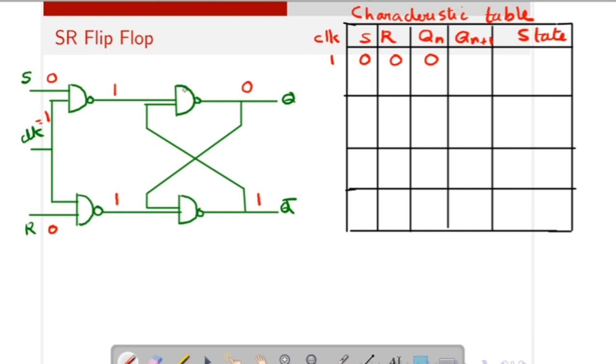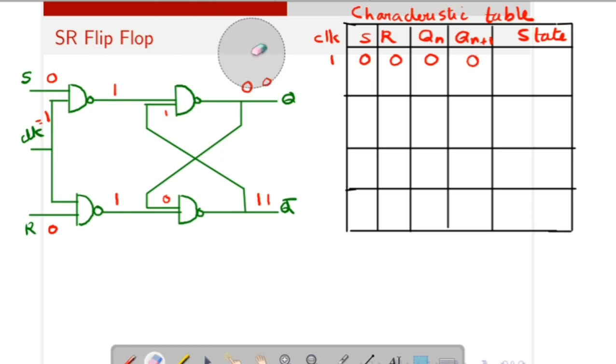In the case of an SR latch, when the inputs are 1 1, it retains the previous state. Here one of the inputs is 0, and this 0 is fed back to here, so we get output 1. Then 1 1 means output 0, and this 0 is fed back, and 1 1 means the output is 0. That means Qn plus 1 is equal to 0.